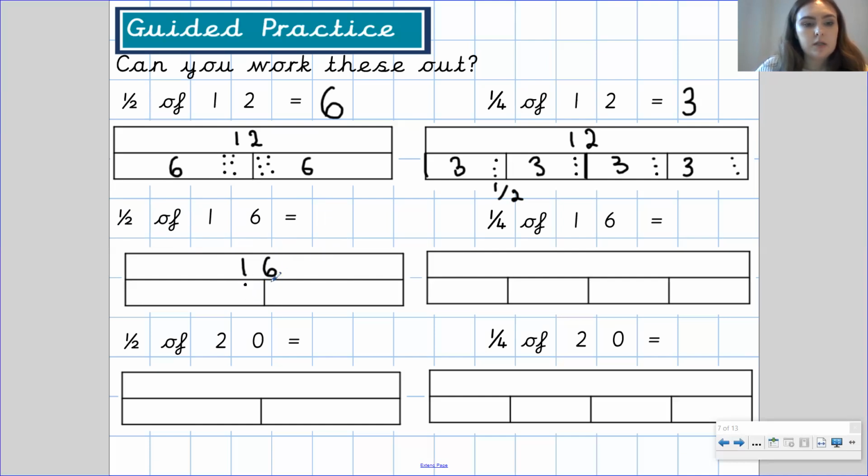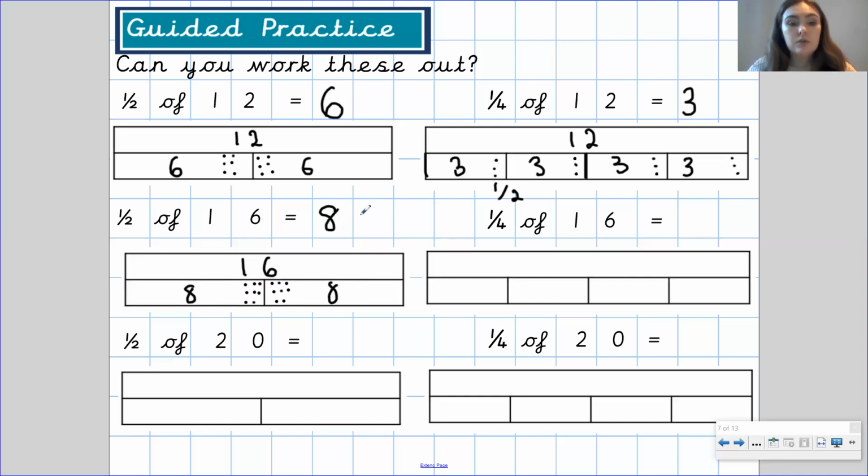So 1, 2, 3, 4, 5, 6, 7, 8, 9, 10, 11, 12, 13, 14, 15, 16. So we've got 1, 2, 3, 4, 5, 6, 7, 8. So a half of 16 is 8.